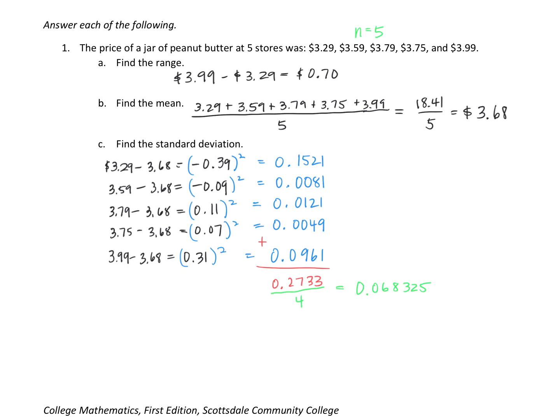So when I push square root, I get 0.261, and now this is in the same measurement as our data points. Our data points are dollars, so we want to round to the nearest cent. So that would round to 26. So the standard deviation is 26 cents.